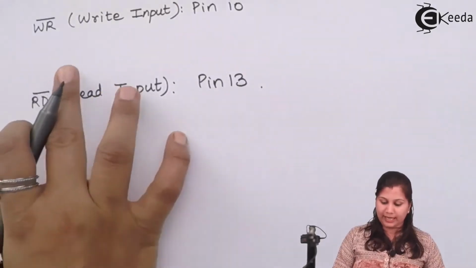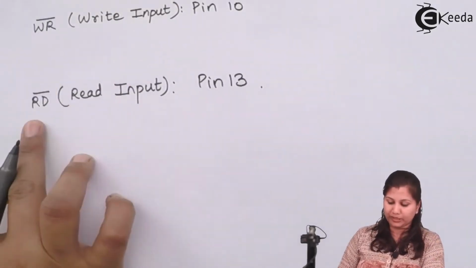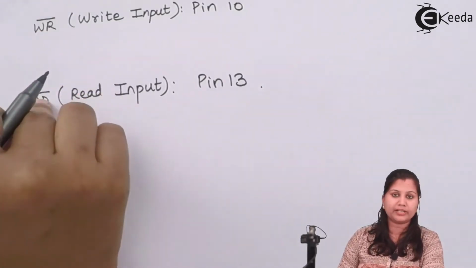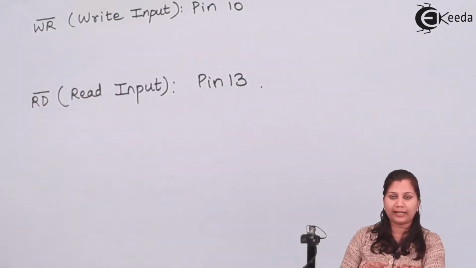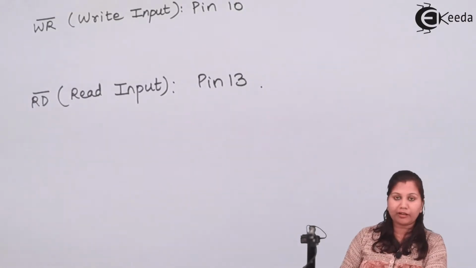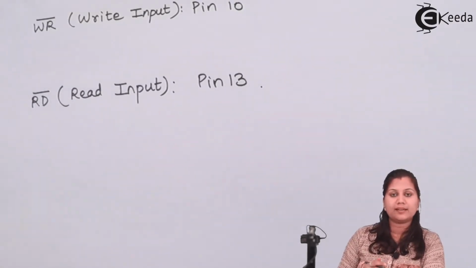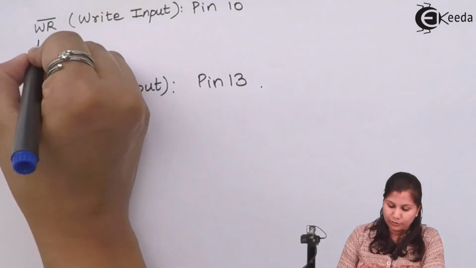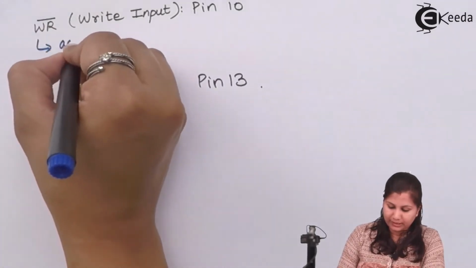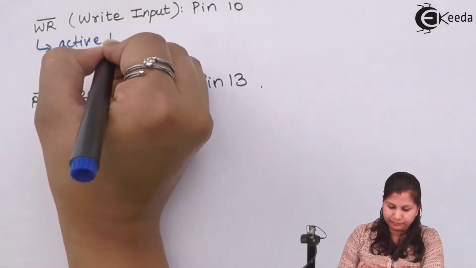These two input signals have a bar over them, meaning they are active low signals. They will function when their value is 0.